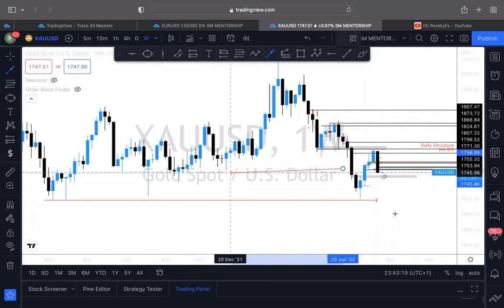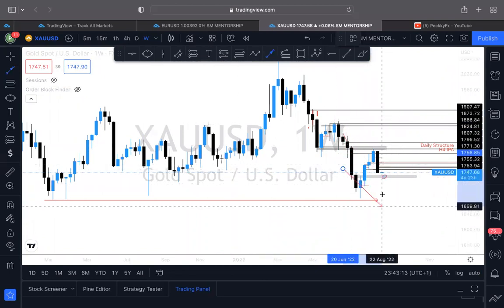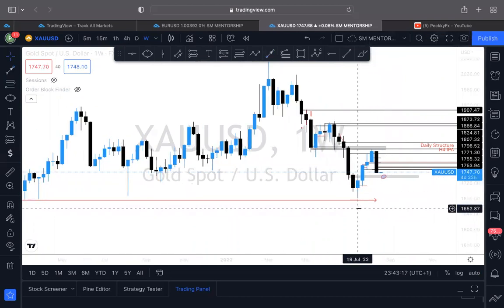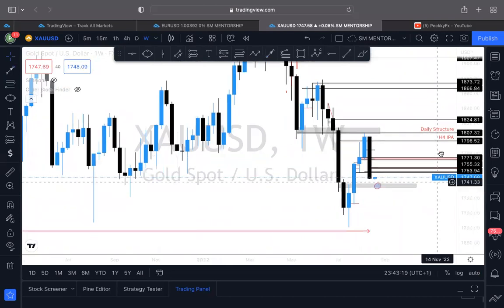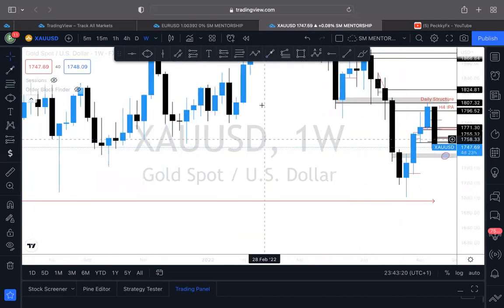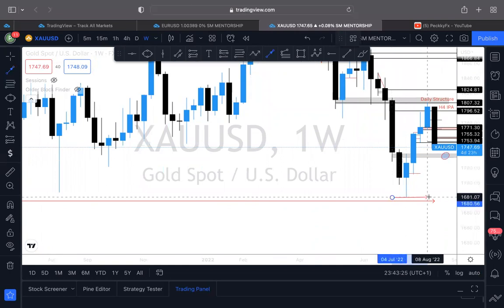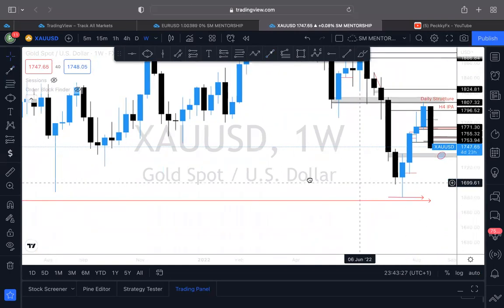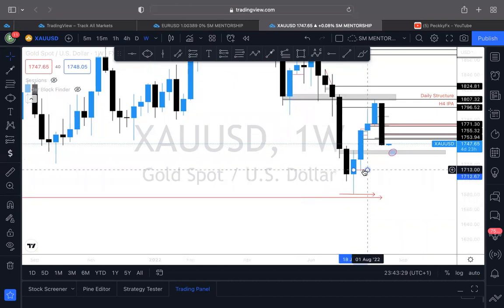So they are running for the liquidities below these points. Okay, so this is where we're expecting gold to head down to. First and foremost, the lows right here on the weekly. The next point, remember the open and close of the weekly time frame, which is around here.